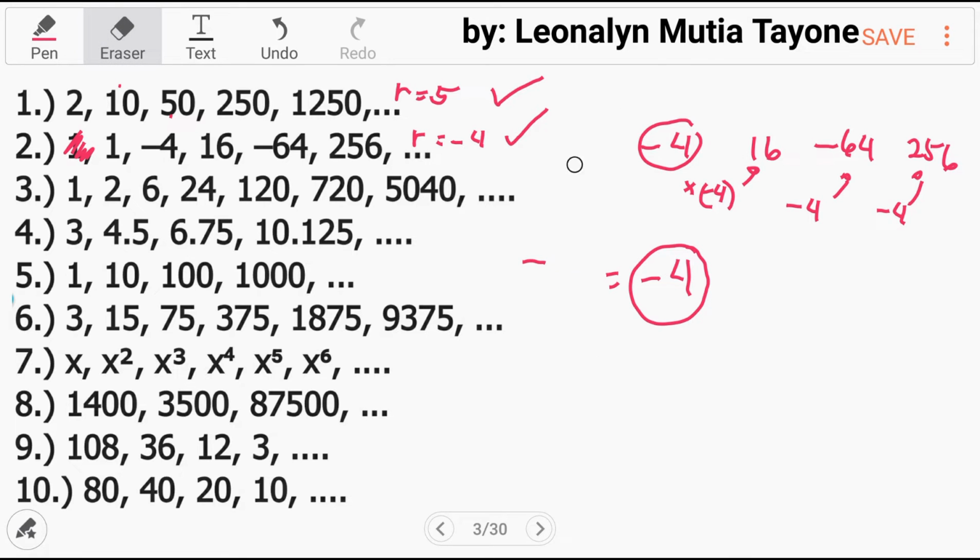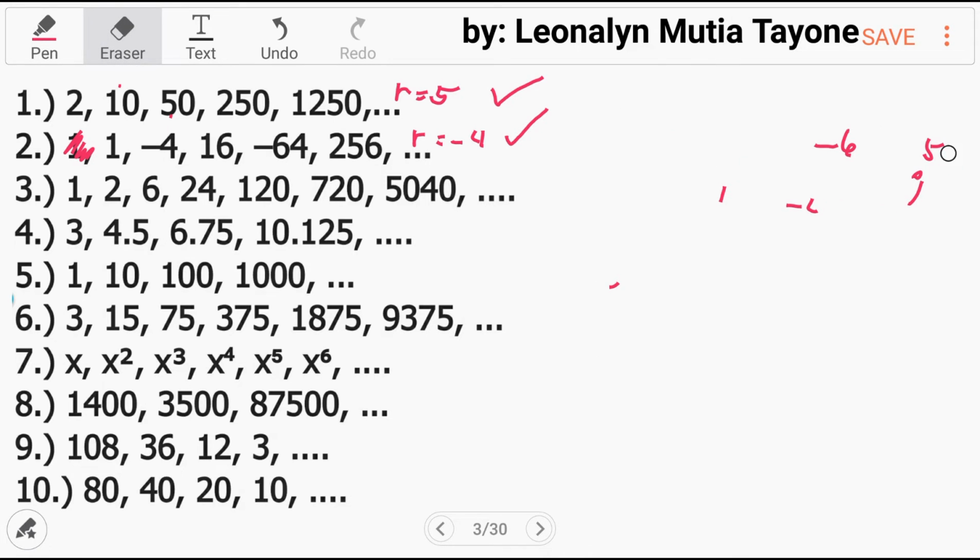Next, dito na tayo sa number 3. Isa-isahin natin para klaro lang sa inyo with regards sa common ratio. 1, 2, 6, 24, 120, tapos 720, tapos yung next ay 5,040.